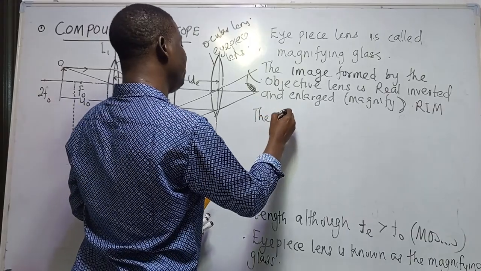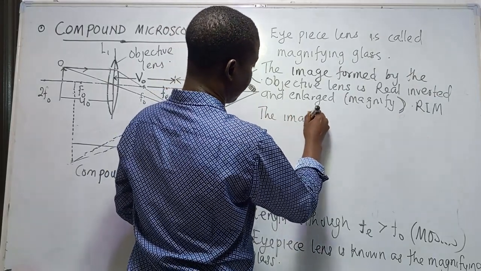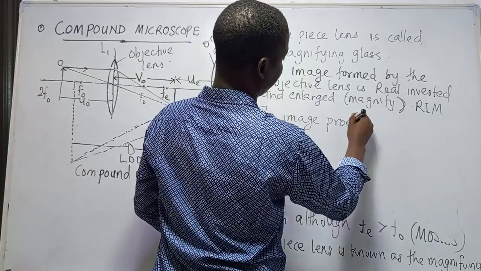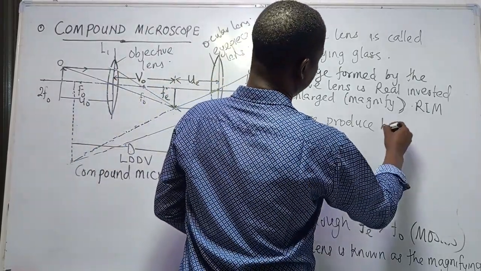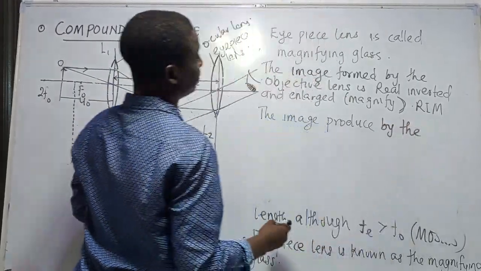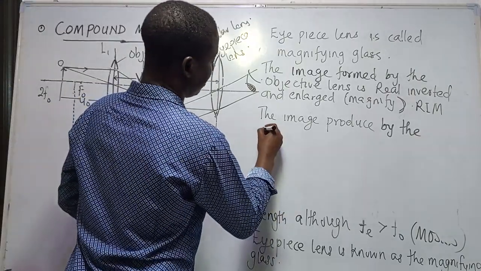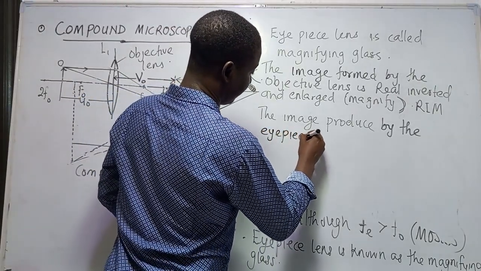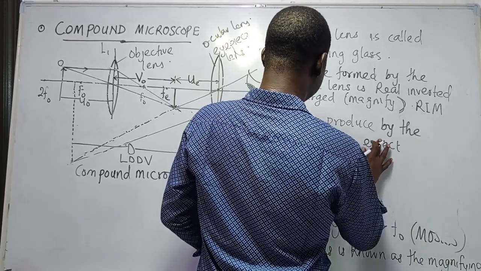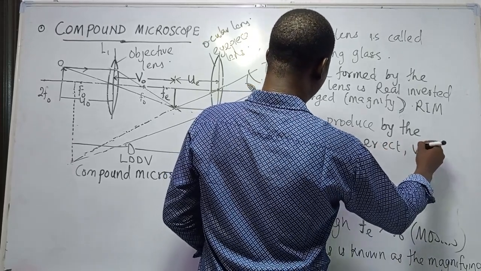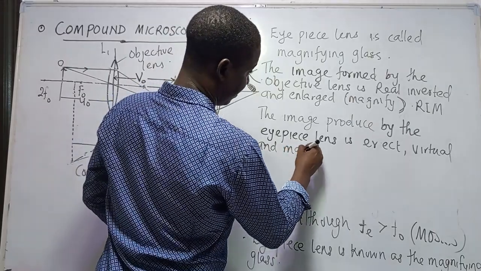So the image produced by the eyepiece lens is erect to the eye, virtual, and magnified.